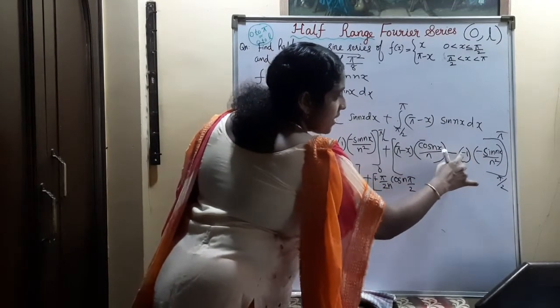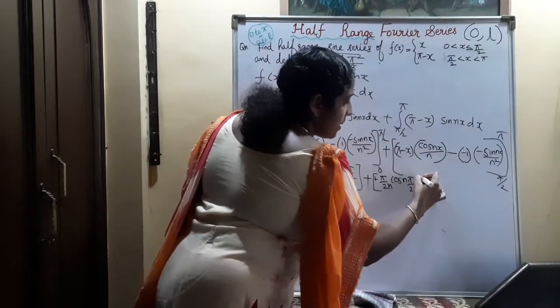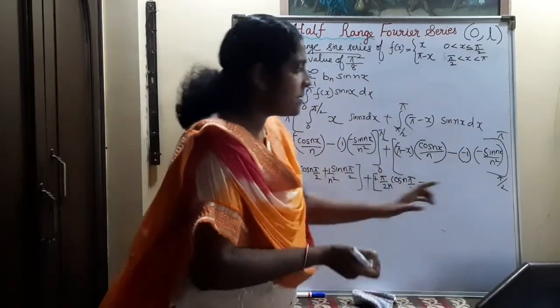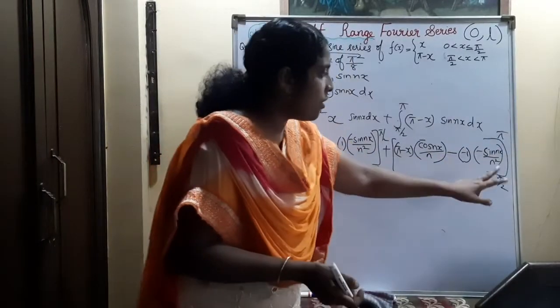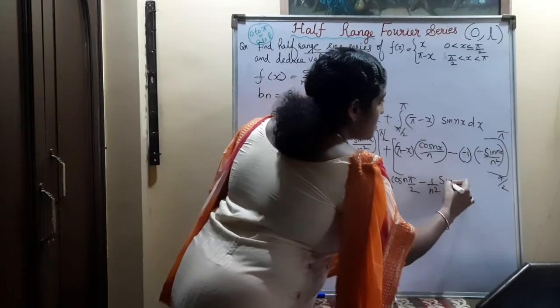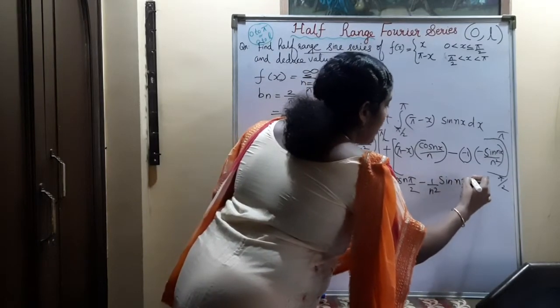Then on applying the upper limit, this becomes sine n pi, that is equal to 0. On applying the lower limit, it becomes minus 1 by n square sine n pi by 2.